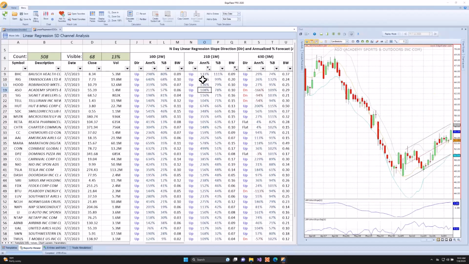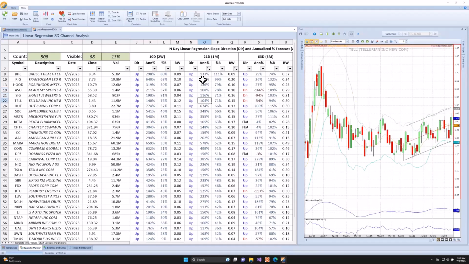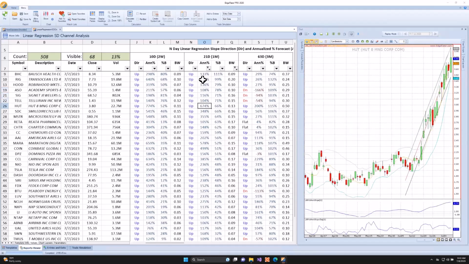You may have your preferences on that. As traders, you may prefer to trade things where there's been some kind of sell-off. Price has come down to the lower end of the channel, and you're looking for a rebound in the direction of the linear regression line.